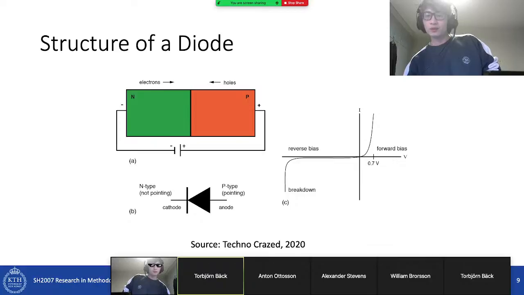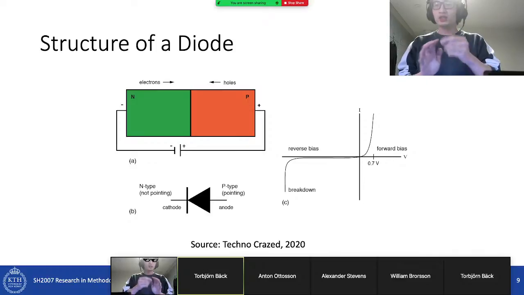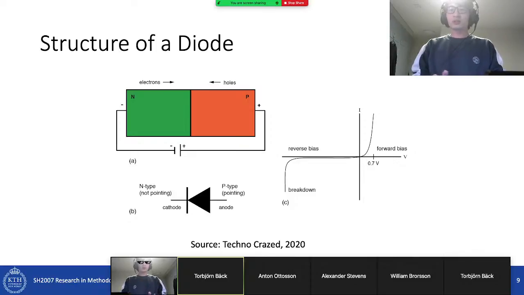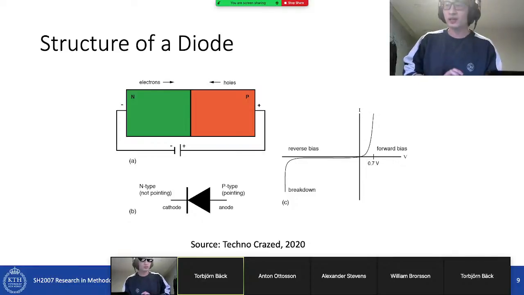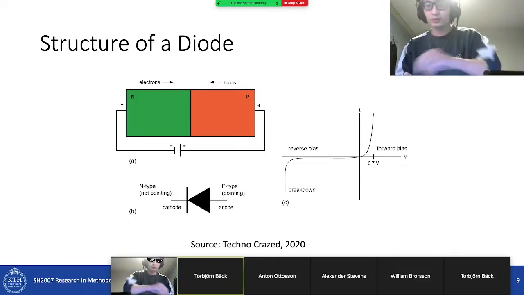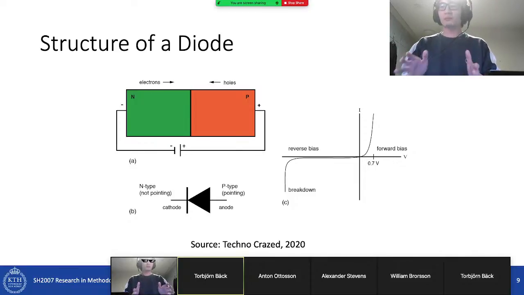To get forward bias, we connect the p-n junction to a generator with the positive terminal to the p-type, which allows the flow of current. When the electron flows through the n-type, it decreases the potential difference because it's a negative charge. Then the electron moves freely through the p-type, jumping between the holes. With positive in the p region and negative in the n region, an electric field builds up from p to n.